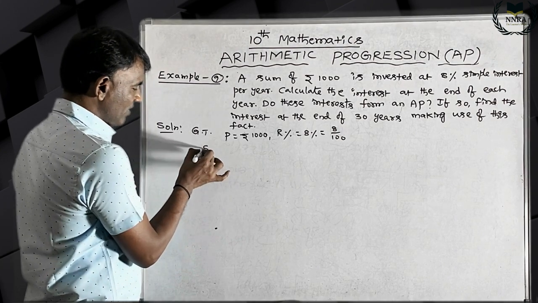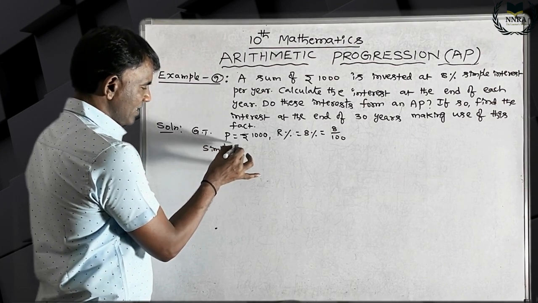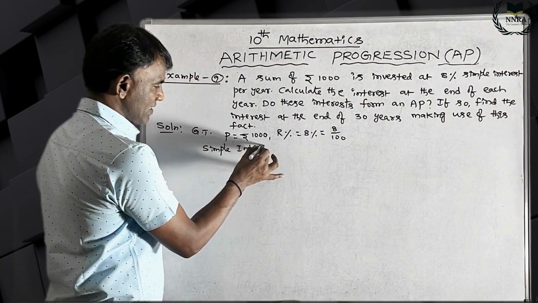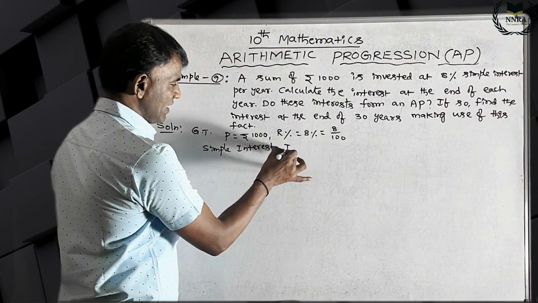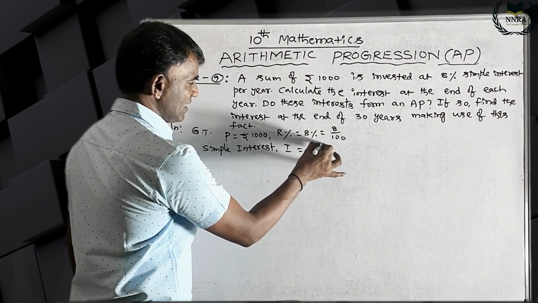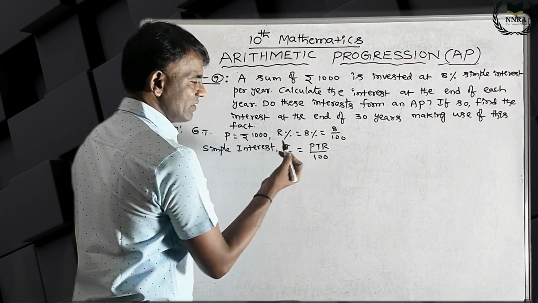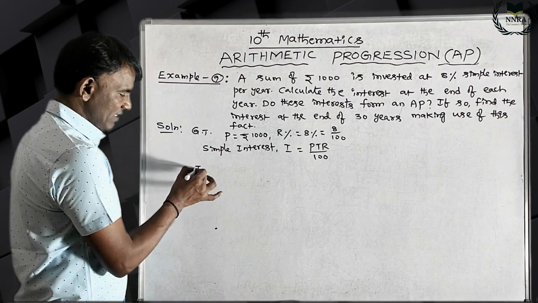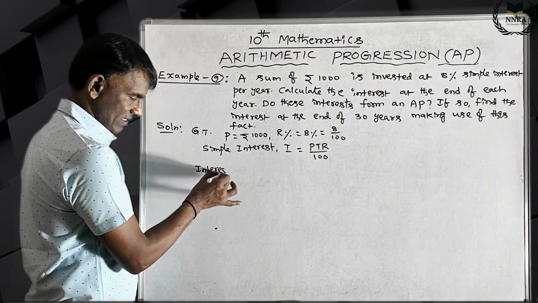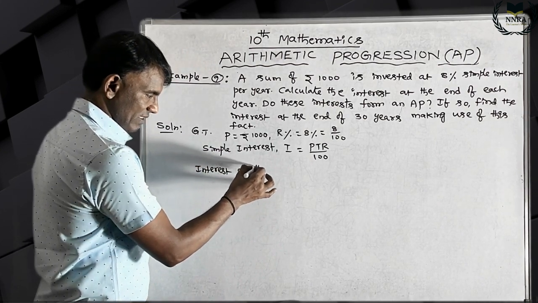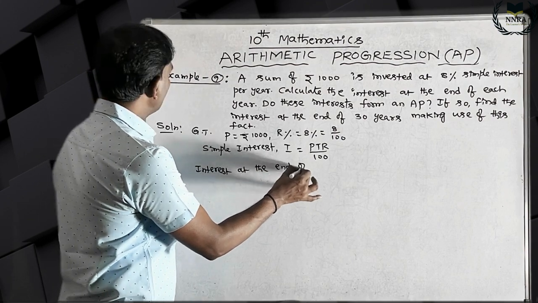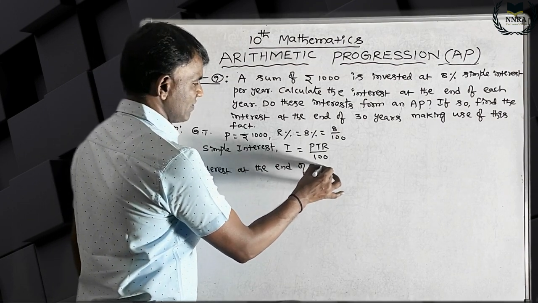And the simple interest formula is there, na? What is that formula? I equal to PTR divided by 100. Now we find the interest at the end of the first year.